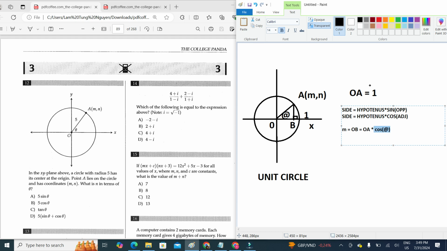And we have n going to be very similar. So n is actually AB, going to be OA times sine of alpha, because it's the opposite side. So OA here we have just denoted as 1, right?